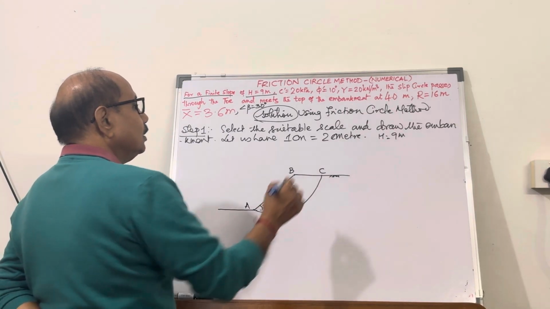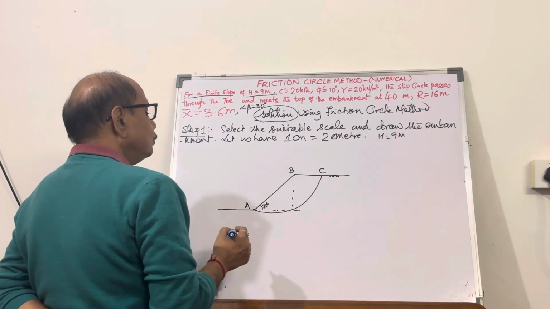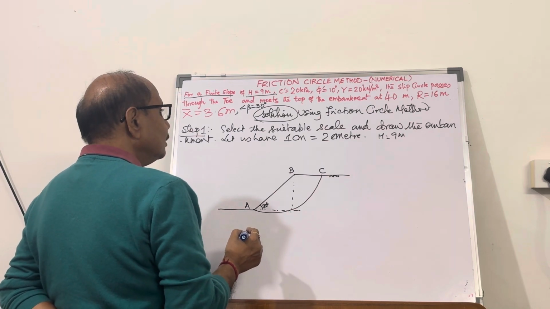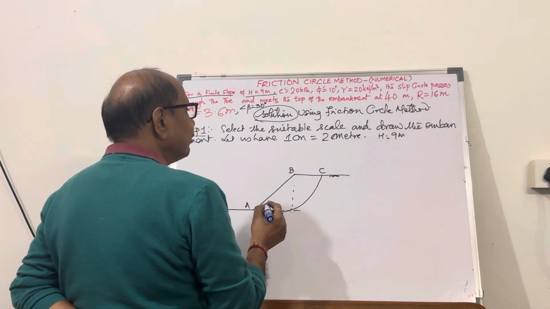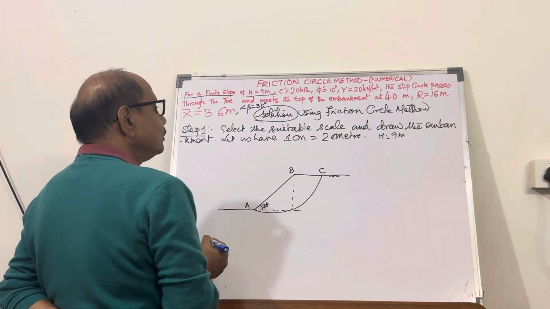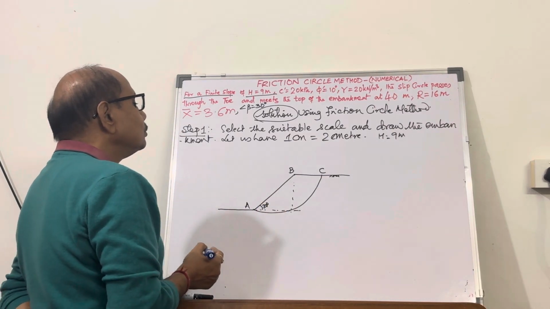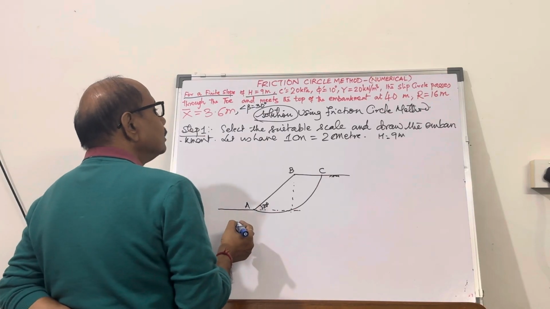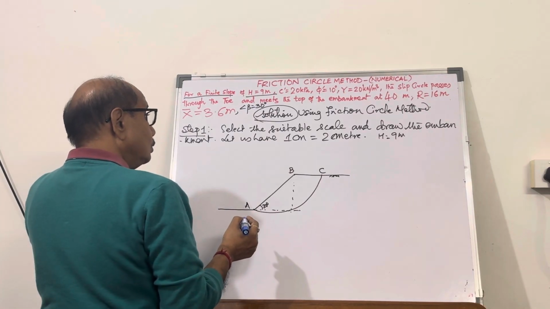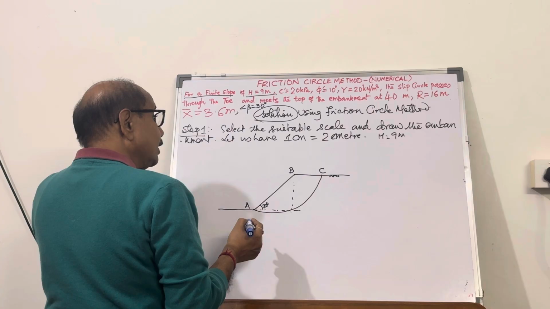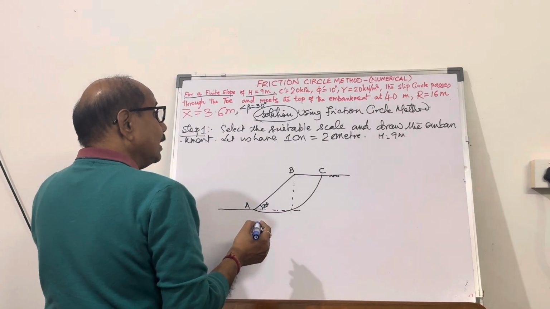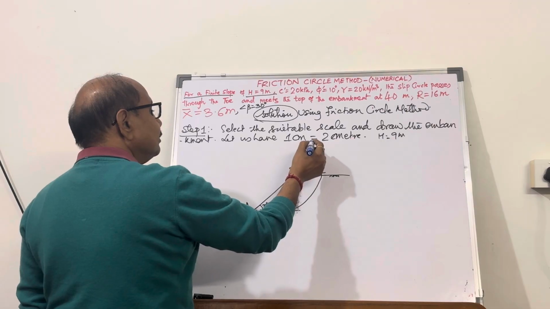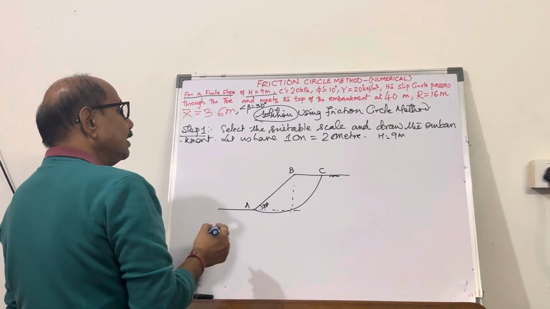Now, the radius is given to you as 16 meter. 16 meter means 16 divided by 2, 8 centimeter. So the scale is 1 is to 200, that is, it is going to be 16 divided by 2, that means 8 centimeter.